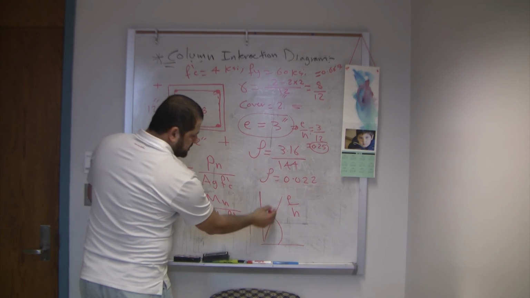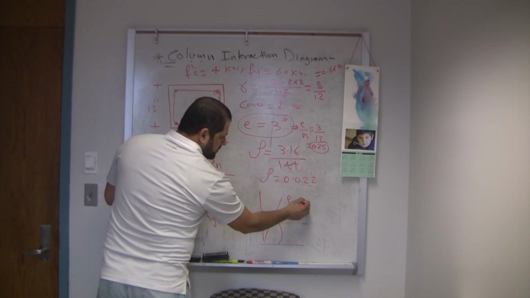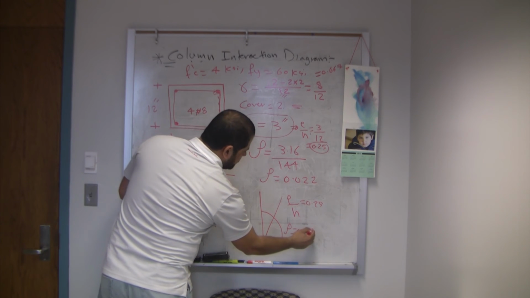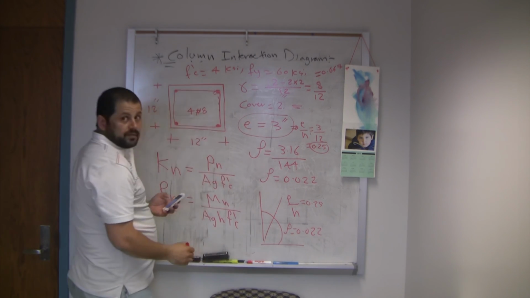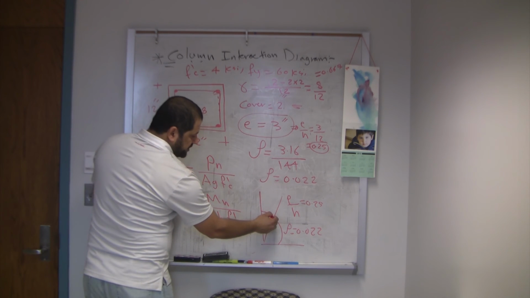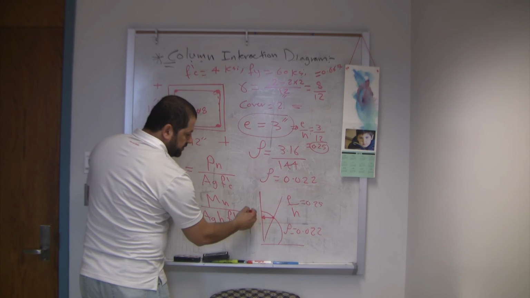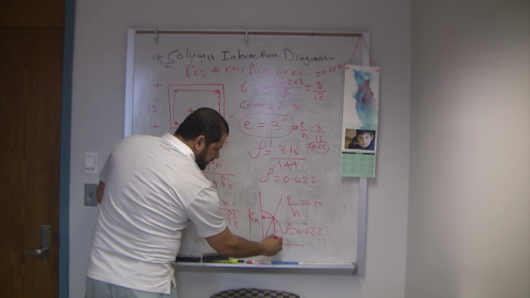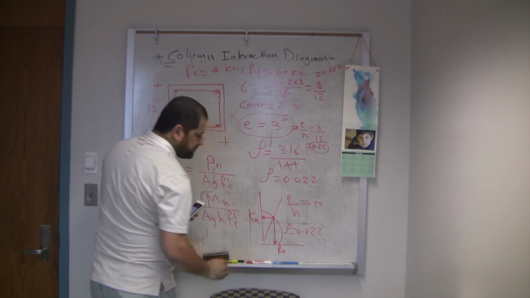So I have this E over H, and I have rho equal 0.022. Once you get this intersection, you go horizontal, you get your Kn. You go down, you get your Rn.